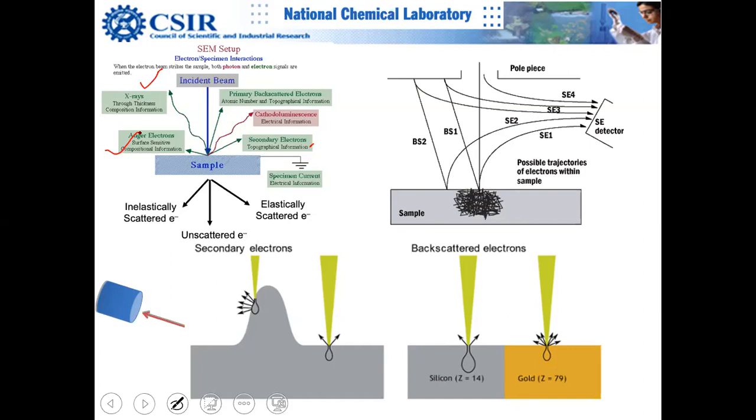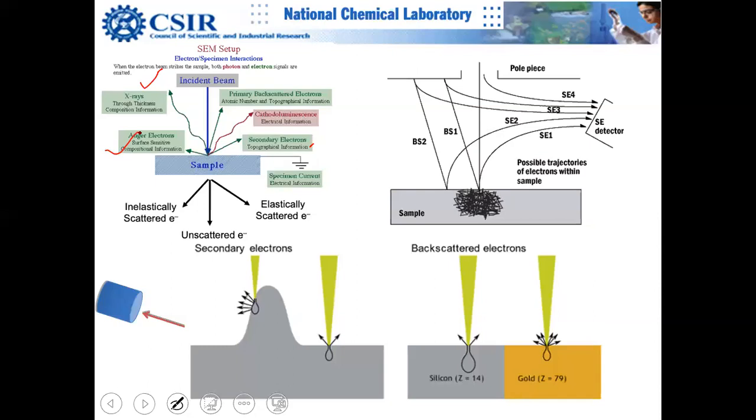Yes, see, you are bombarding high energy electrons, which are 20 to 30 kilo electron volt in this case, and 10 times higher in TEM. So there are many kinds of interactions between the incident electron beam and the sample, and many kinds of signals are generated.